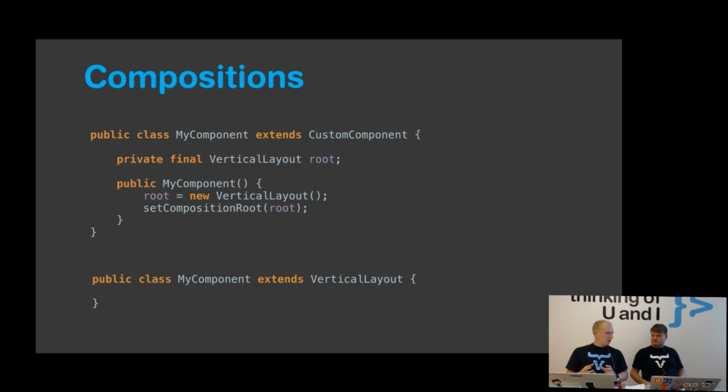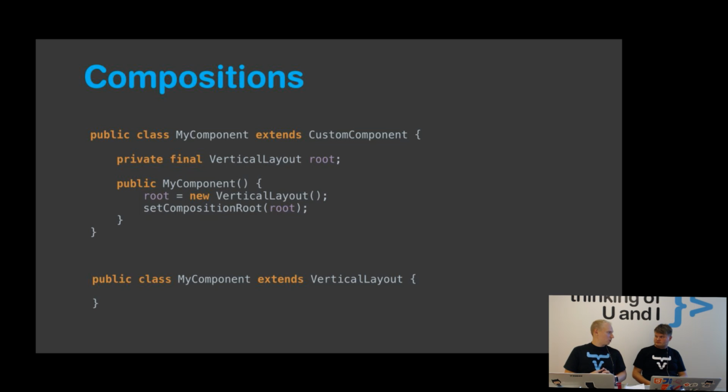The other option is just extending an existing Vaadin component. I personally prefer the second option, so I normally extend a Vaadin component directly and add my custom functionality there.